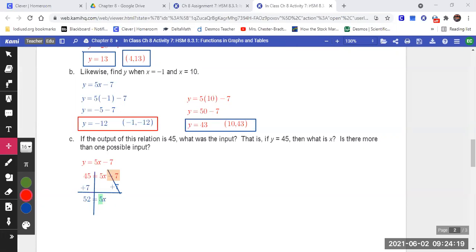Okay, divide both sides by 5, yes, because that's the number with the x, and I know a number stuck to a letter means multiply. So to undo a multiply, I have to divide both sides. Okay, so I'm going to divide both sides by 5.